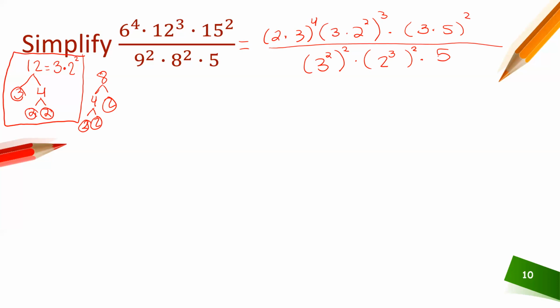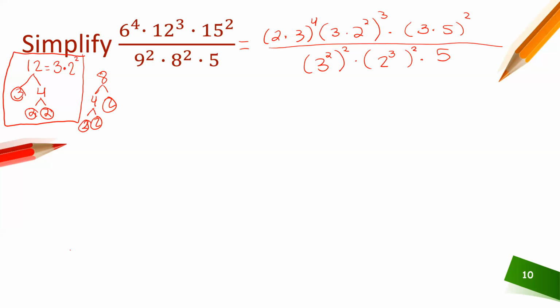Okay, so now we're going to go ahead and try to finish this problem here. 2 times 3 to the fourth power, property number 4 said it's going to be 2 to the fourth power times 3 to the fourth power.